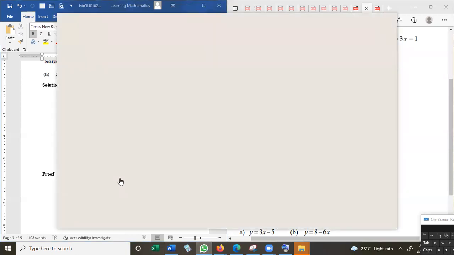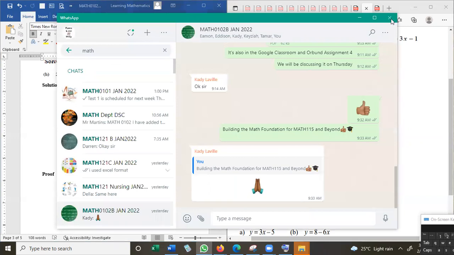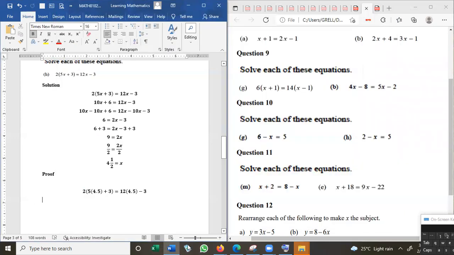Okay, let's see what we get. The proof is optional. You don't really have to prove, but just to confirm that's the answer, you can do your proof.